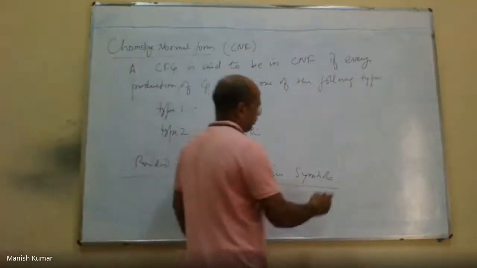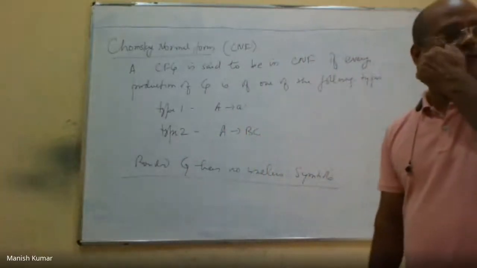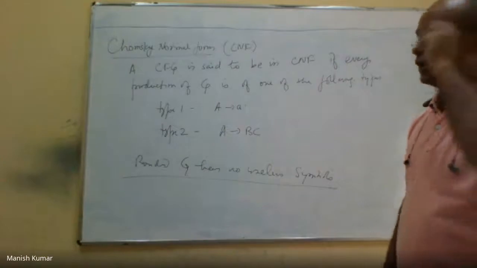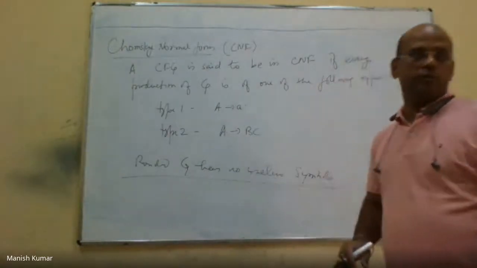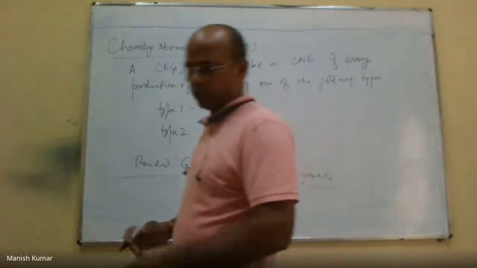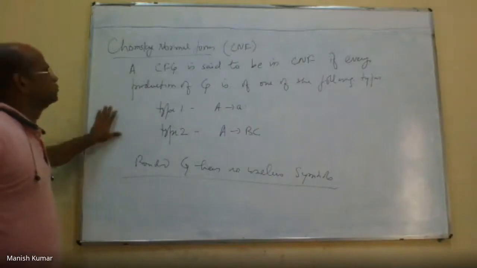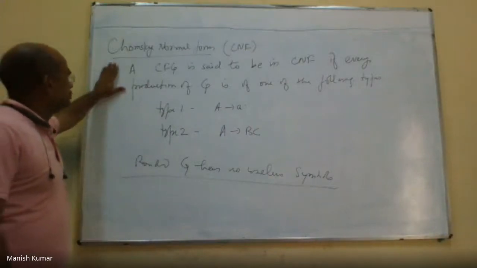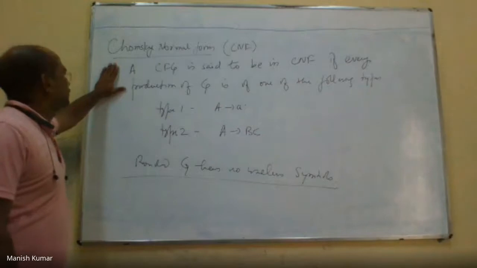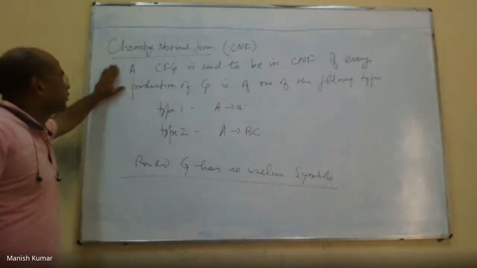It is always better that before going for Chomsky normal form, you simplify the grammar. In that case, you will get a simplified grammar which has no useless symbols. That is the best way of doing it. So this is the definition: a context-free grammar is said to be in Chomsky normal form if every production of G is of one of the following types.